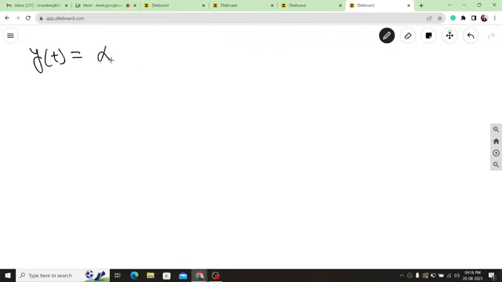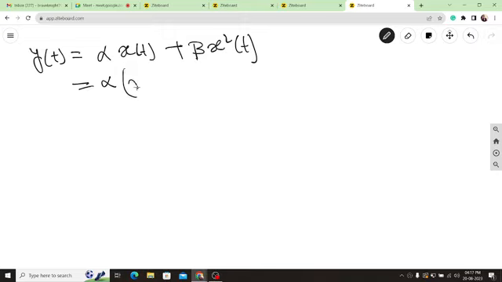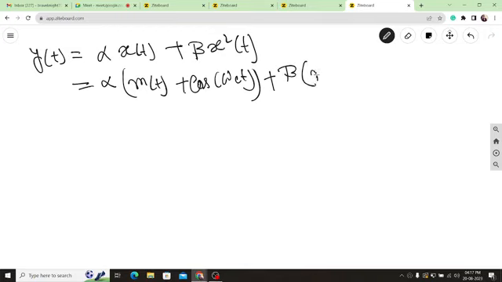So alpha x(t) plus beta x squared t. What is x(t)? x(t) is m(t) plus cos omega c t, plus beta of m(t) plus cos omega c t, squared.